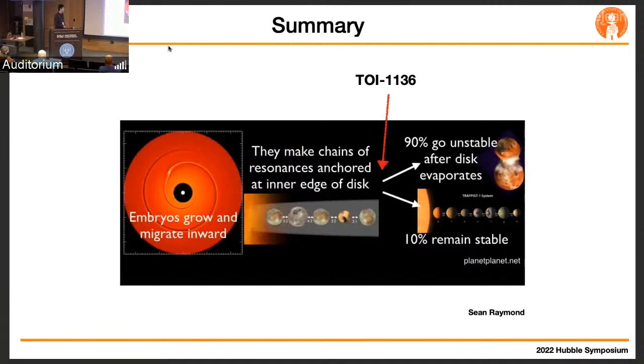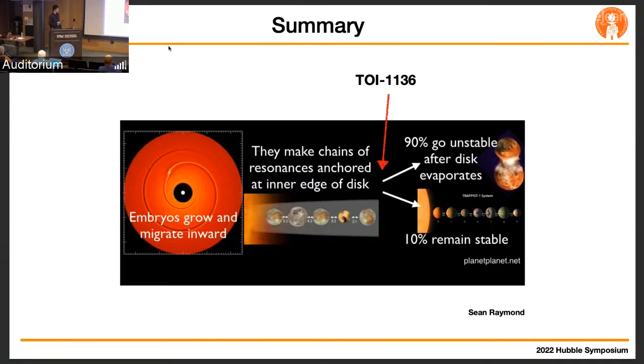All right, here's my summary slide, which I borrowed from Sean Raymond. So the current paradigm for small planet formation is that planet embryos grow and migrate toward the host star in a disk, and the end game is usually a chain of resonance anchored at the inner edge of the disk. However, if we look at the mature planetary systems, the vast majority of them has already gone unstable and their resonance disrupted.